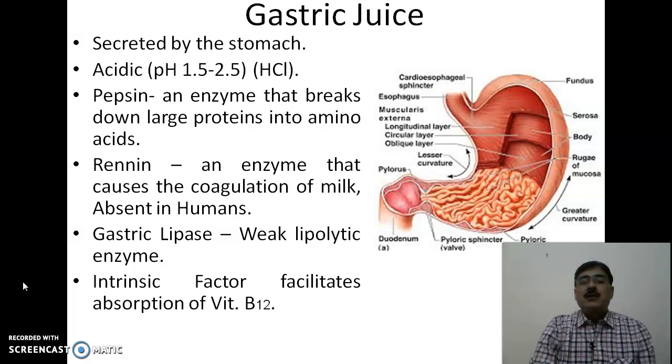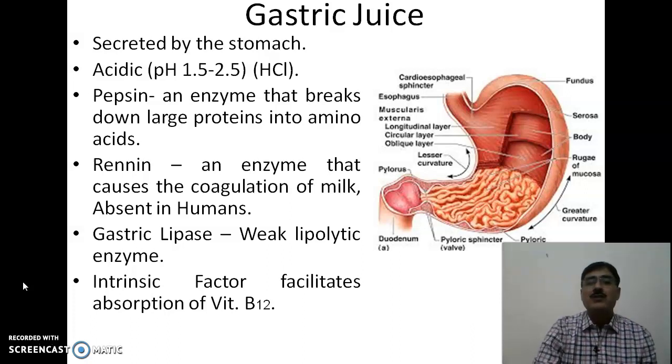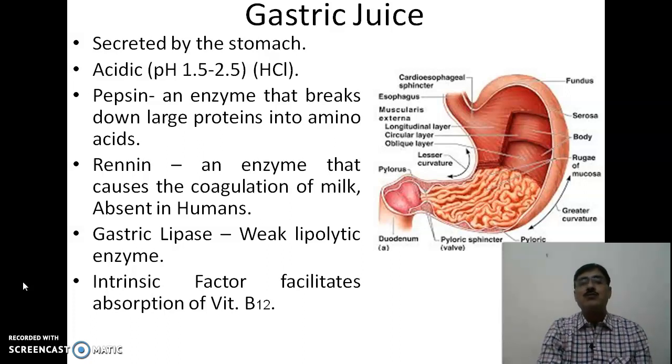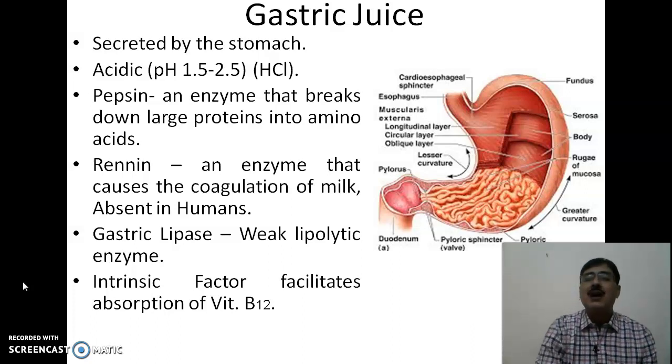So the stomach can be divided into the cardiac region, the fundic region, the main body, and the pyloric region. The cardiac region connects the esophagus with the stomach, while the pyloric region connects the stomach to the intestine, and here the pyloric sphincter is present which prevents the back movement of the food material which goes to the duodenum, which is the first part of the small intestine.